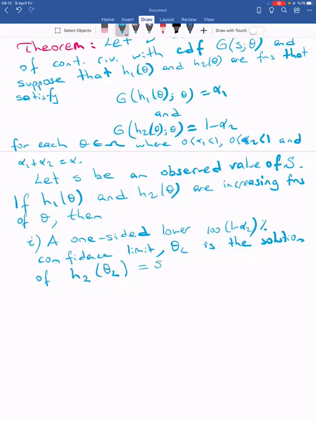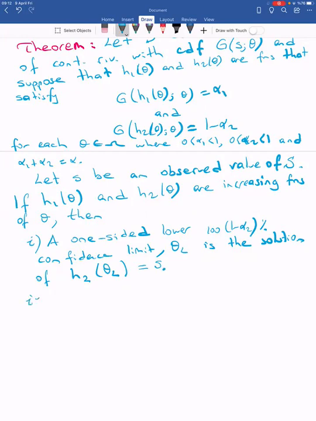We find the H2 theta value, equate it to S, and replace theta by theta L. So theta L will be the lower bound.